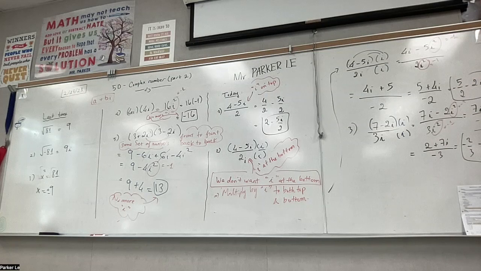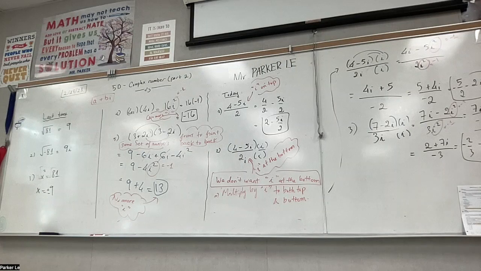Now, what if you have something like this in the bottom? So if you have something like this in the bottom, what are you going to do? For the 3, that is negative.